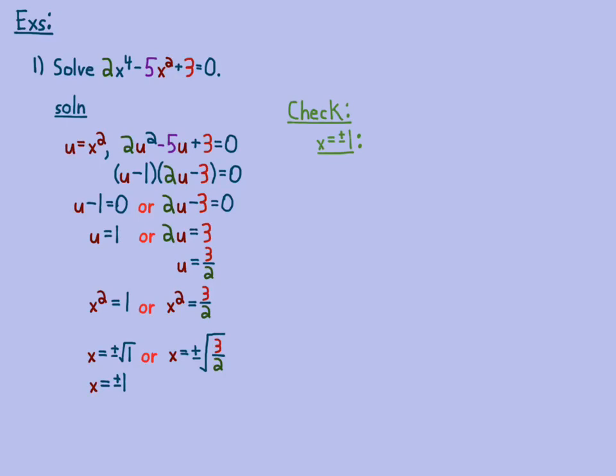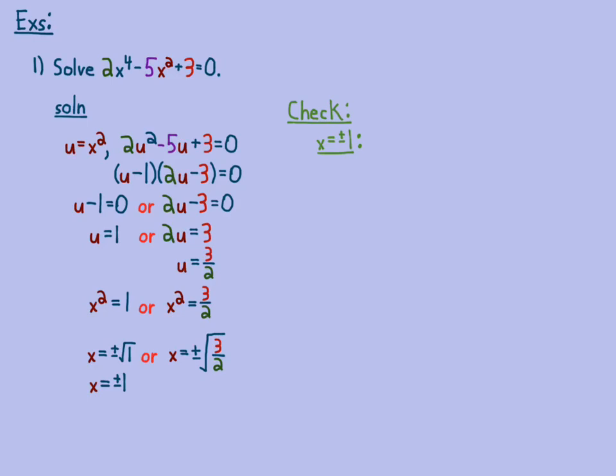So I'm going to check them. Notice I'm checking them both at the same time. Why? If you look at the original equation, the lowest power of x is a square, and the other one is a 4th power. So if x is negative, you get the same thing as if x is positive. So negative 1 squared is 1, and 1 squared is 1, and negative 1 to the 4th power is 1, and 1 to the 4th power is 1.